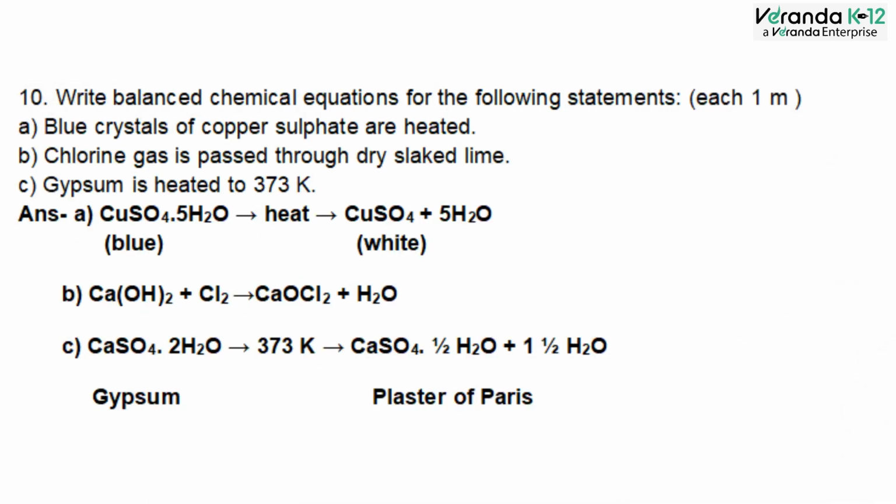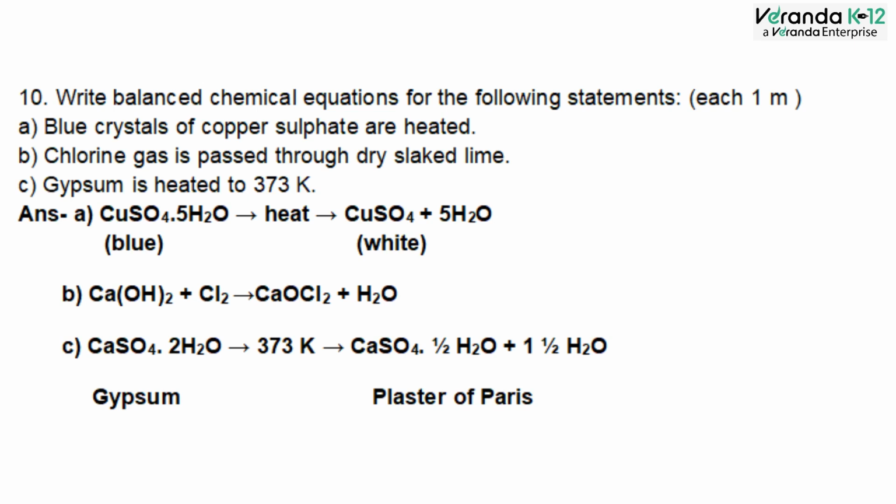Question 10. Write balanced chemical equations for the following statements. Question A. Blue crystals of copper sulfate are heated. Answer is CuSO4.5H2O, blue, arrow, it forms CuSO4 plus 5H2O, which is white in color. Question B. Chlorine gas is passed through dry slaked lime.